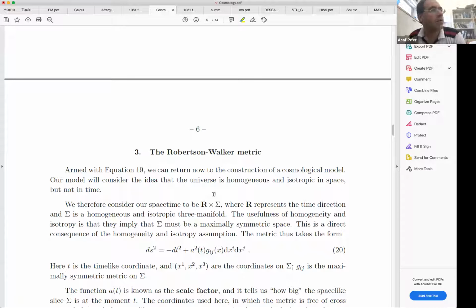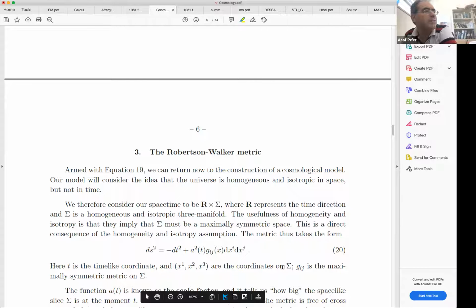Now I want to remind you that in one of the very first lectures, I told you that when we talk about four-vectors, we always denote them with Greek indices, mu, nu, alpha, beta, etc. But when we deal with only the spatial part, then we denote them with regular Latin letters, i, j, k, and this is exactly the time where this is taking effect.